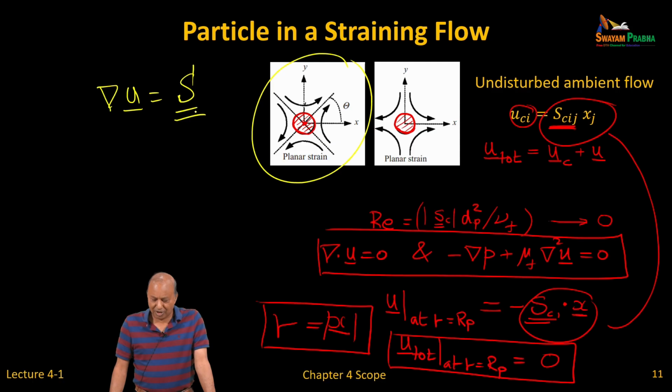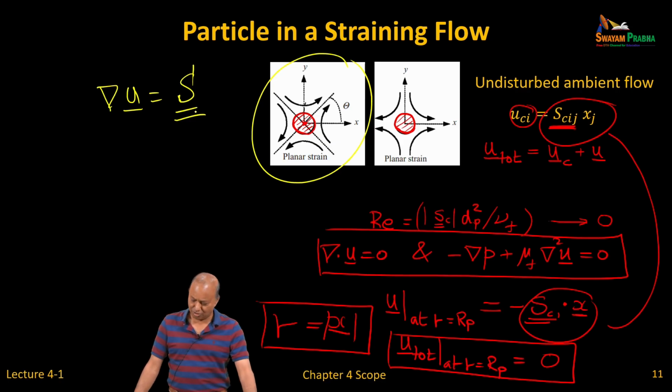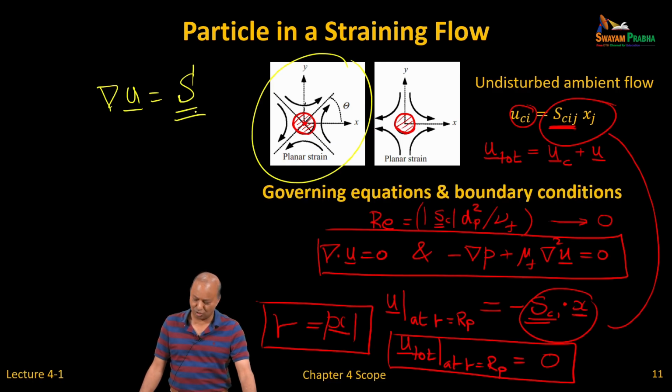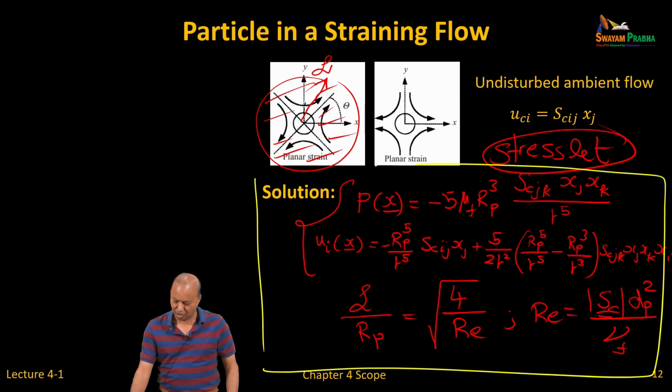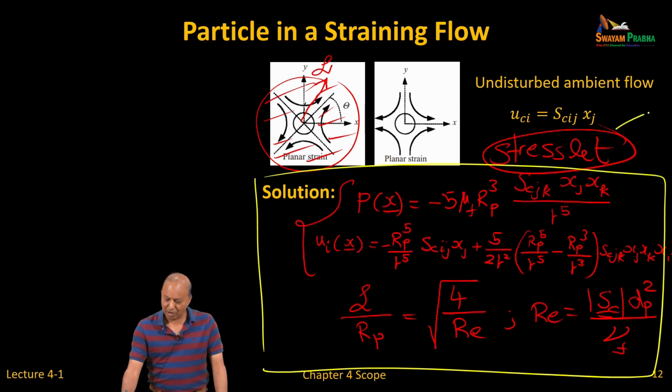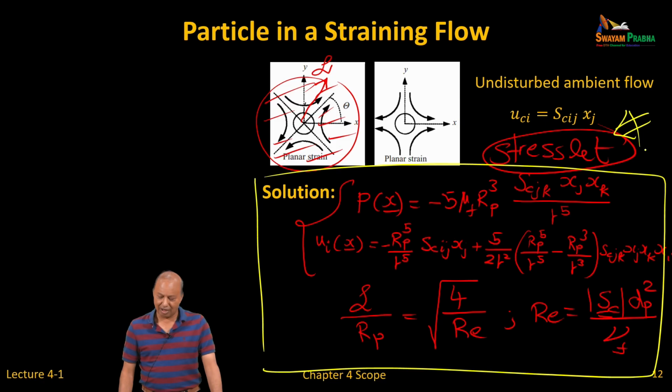So what we are talking about is what happens if you put a particle in there and how it changes the stress field. Again, I will not go through the details, so this problem is also fairly easy to solve in the Stokes regime, and the solution is a little complicated, and I said that I won't go through all the details. And the important thing is that the perturbation flow caused by the presence of the particle creates what is called a stresslet.